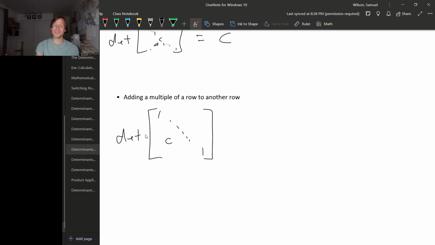So the determinant of this matrix is just the product of the diagonal entries, which is 1. So now we know the determinant of all the elementary matrices, and we also know the effect of row operations on the determinant. It turns out that putting these two together will give us some amazing properties of the determinant.